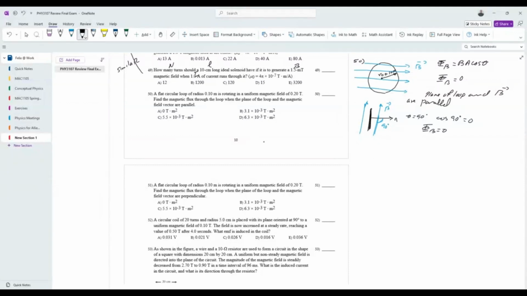Now, they changed the problem later, and in 51, they say a flat circular loop of 0.10 meters of radius is rotating in a uniform magnetic field. So now this loop is rotating in this magnetic field.